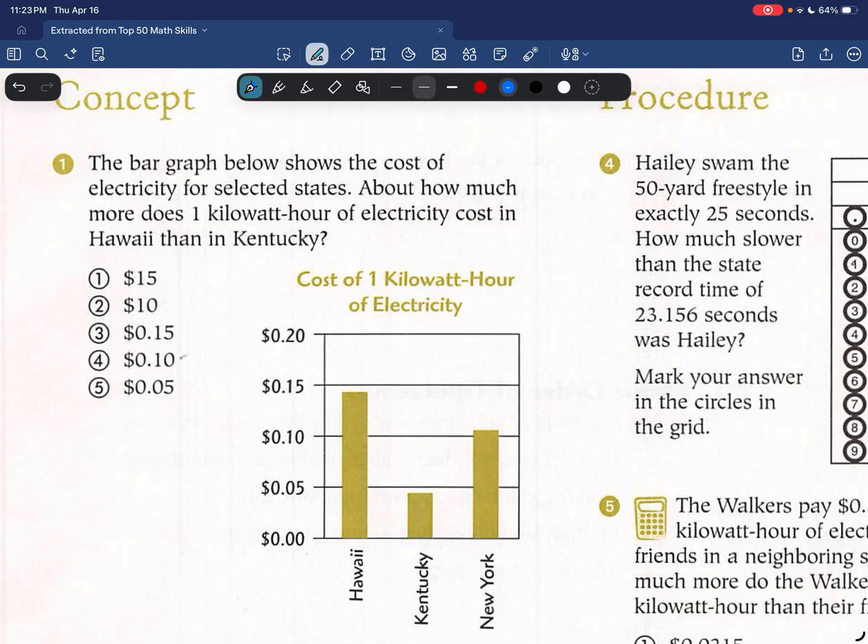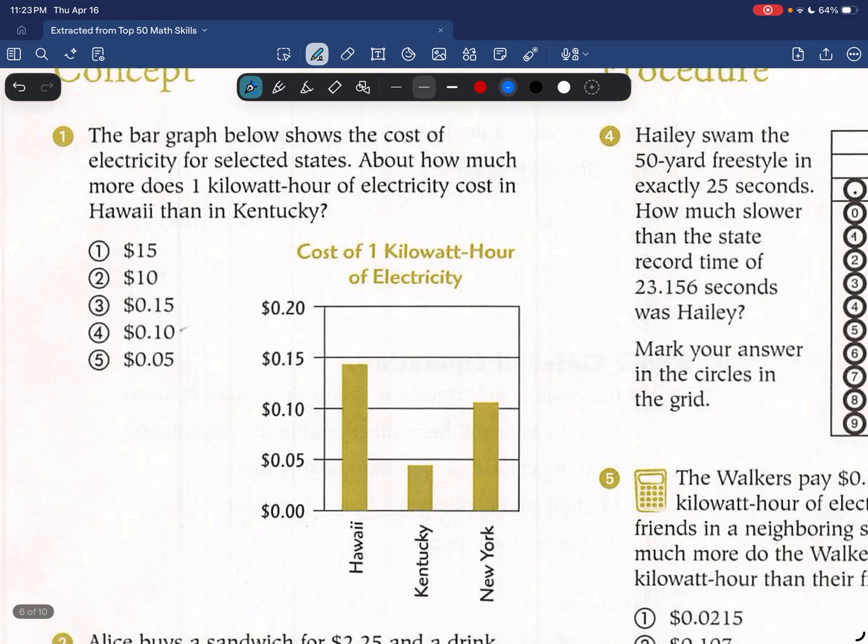The title of my graph is Cost of 1 kilowatt hour of electricity. We have Hawaii, Kentucky, and New York. And then on the vertical scale, we have 0 to 20 cents per hour. So each line of that scale is worth a nickel.